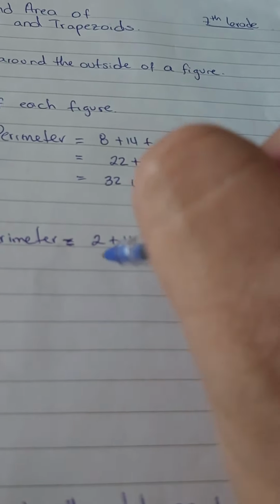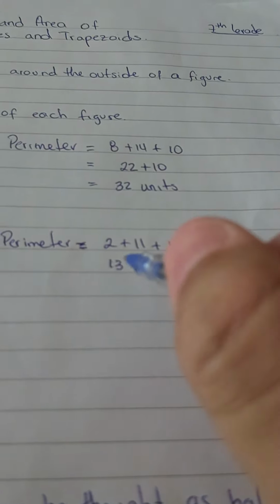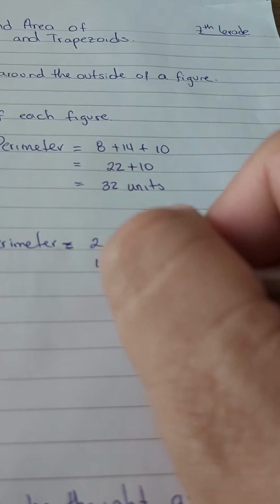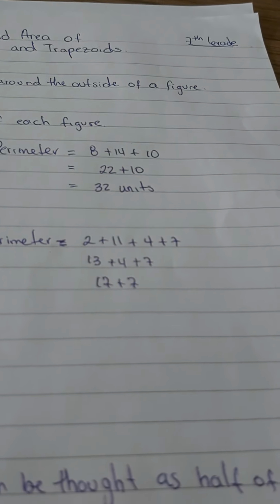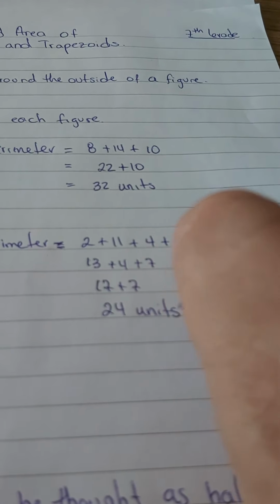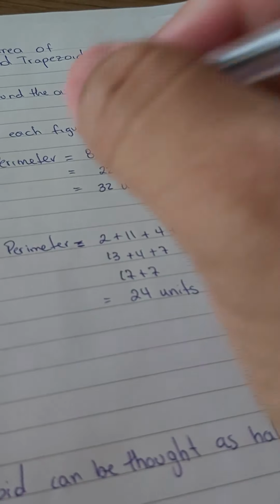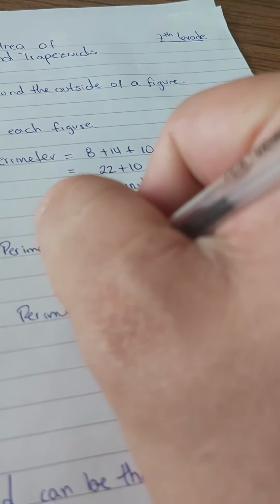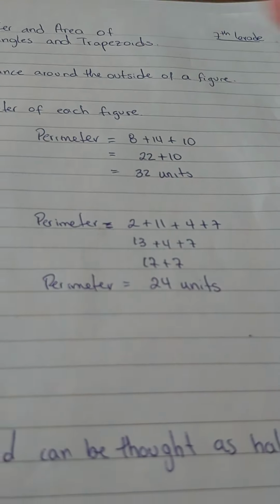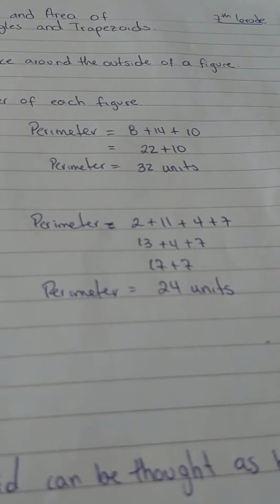So we add 2 plus 11, that's 13, plus 4, that's 17, plus 7, that's 24 units. Okay, so that will be the perimeter for the trapezoid and the perimeter for the triangle.